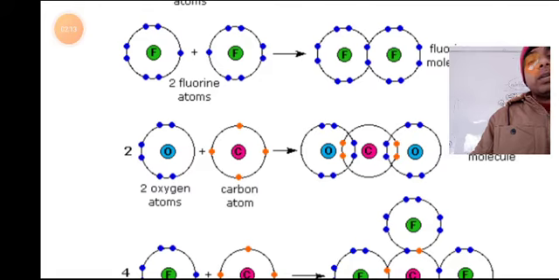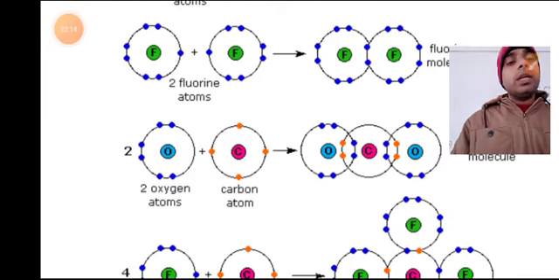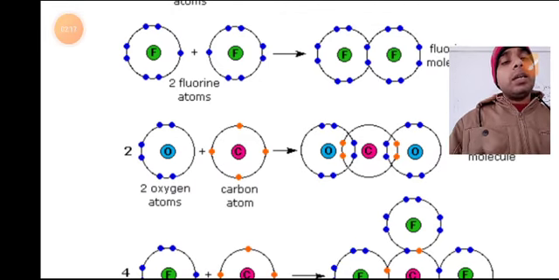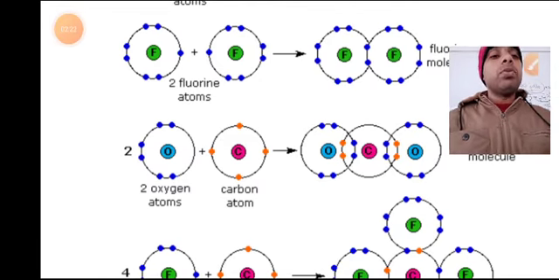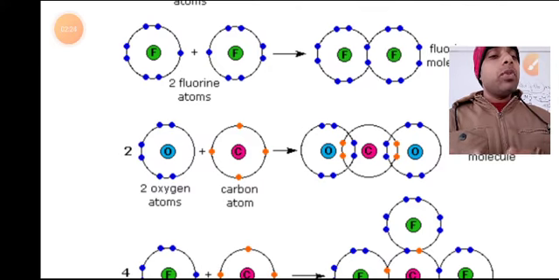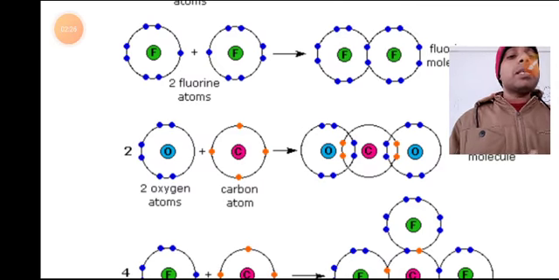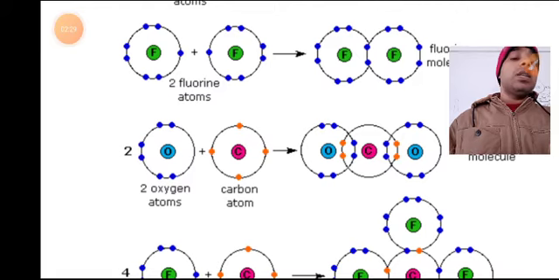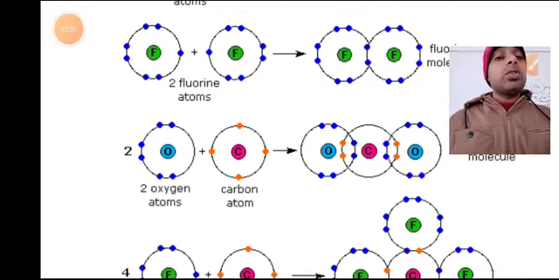Once you have written and understood that, you can start representing your molecules in electron dot structure. So here the fluorine molecule, that means F2. I have taken one F at a separate place and another F at a separate place. Now I will represent the electron dot structure.